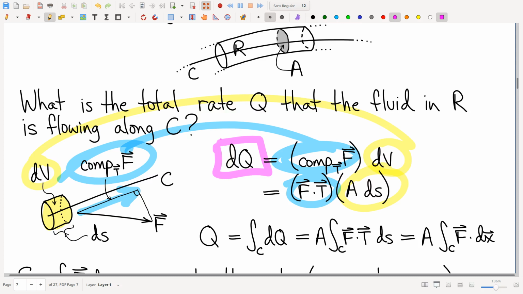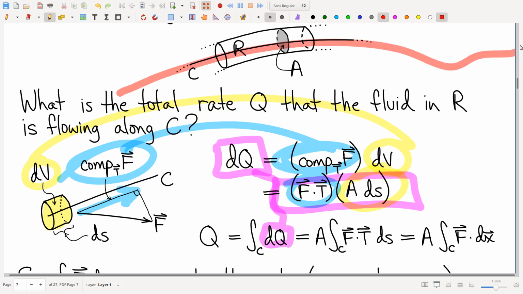As always, we're going to take this calculation that we've done here on the little piece. We're going to add up over the entire curve. Keep in mind our curve goes on and on like that. So adding up over the entire curve turns this into an integral.